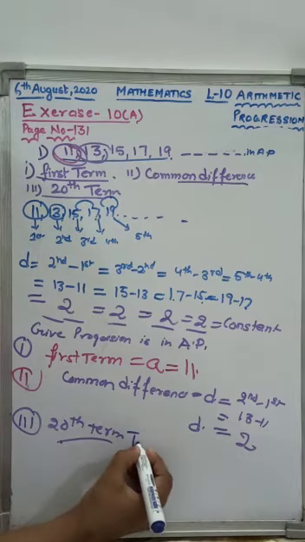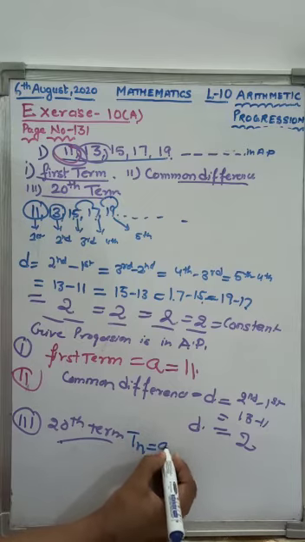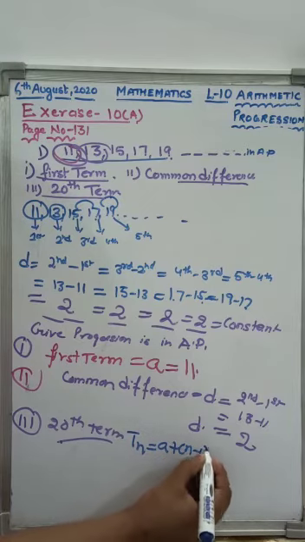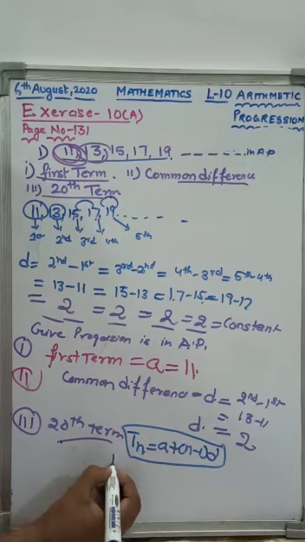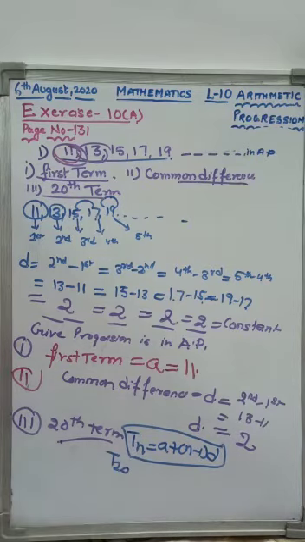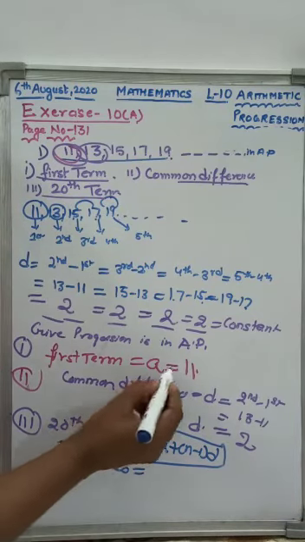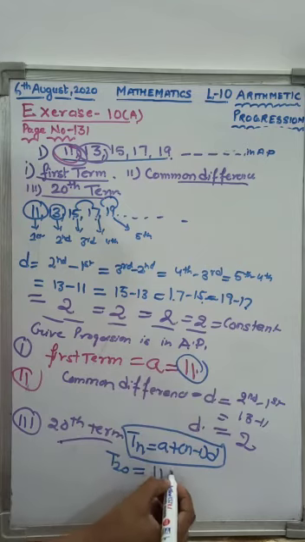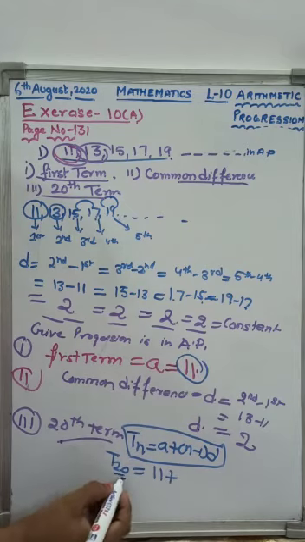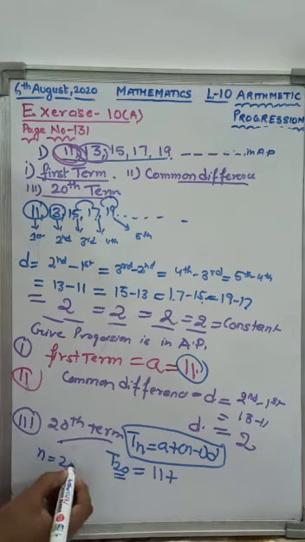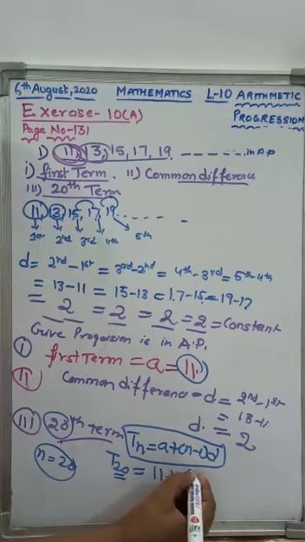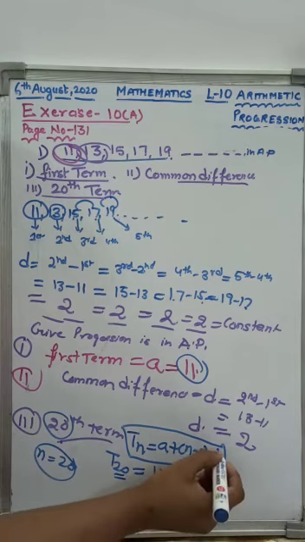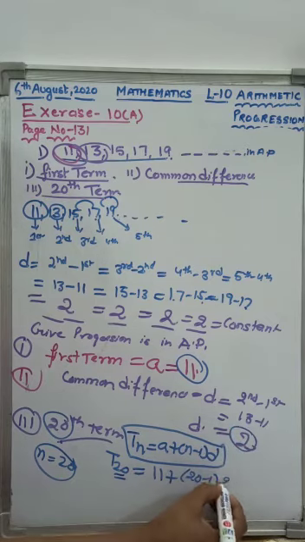The formula is the general term Tn equals A plus (n minus 1) into D. Here Tn means T20, we have to find the 20th term, equals A, which is 11, plus (n minus 1) into D. n is this term. Which term do we have to take? 20. So n will be 20. So 20 minus 1, D the common difference is 2.